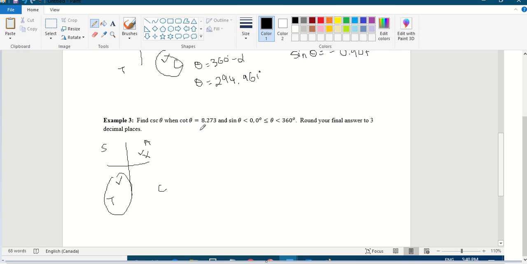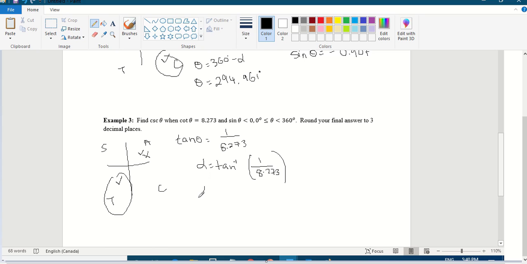And now we are given cot theta, so we will first write tan theta is the reciprocal of cot, so 1 over 8.273, so then alpha will be tan inverse 1 over 8.273. Notice we don't find theta directly, because we find alpha first, because alpha is always an acute angle between 0 to 90 degrees. So we find alpha, and then depending on the quadrant, we'll connect alpha and theta together.